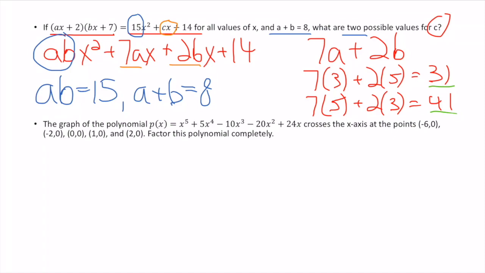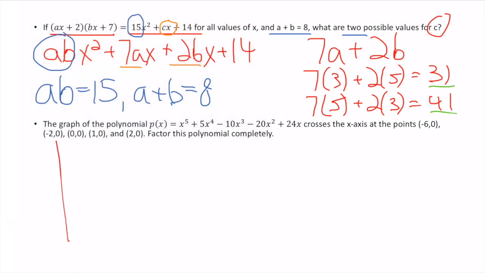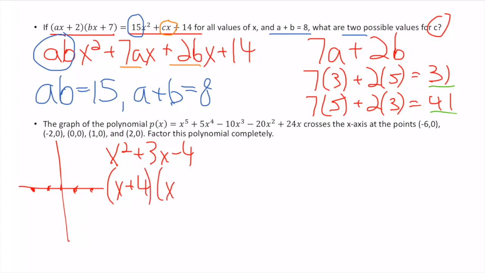But knowing what I know now about zeros, we know that zeros are where functions cross the x-axis. So for a quadratic, say x squared plus 3x minus 4, when I factor this, I end up with (x + 4)(x - 3)... so my x-intercepts are at x equals -4 and 3.